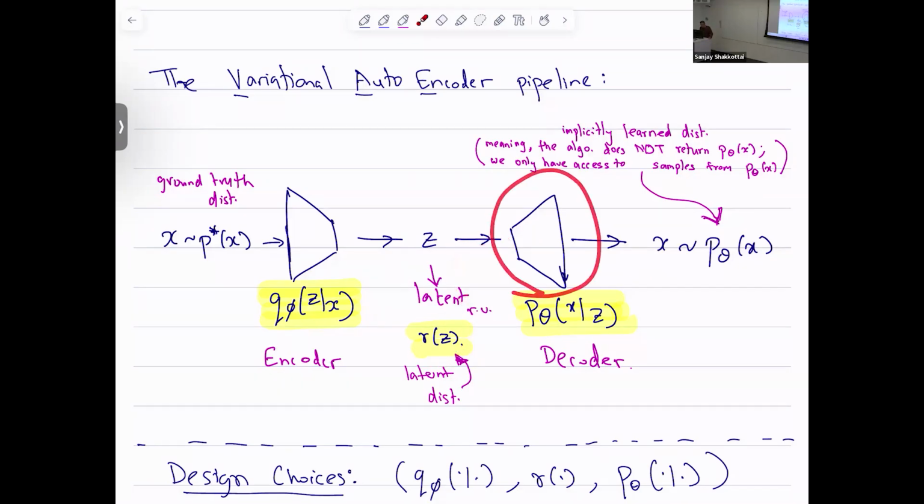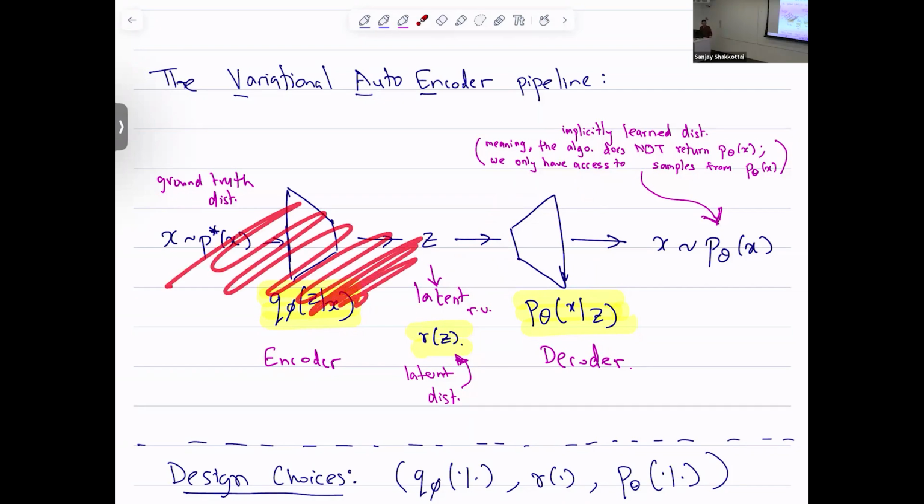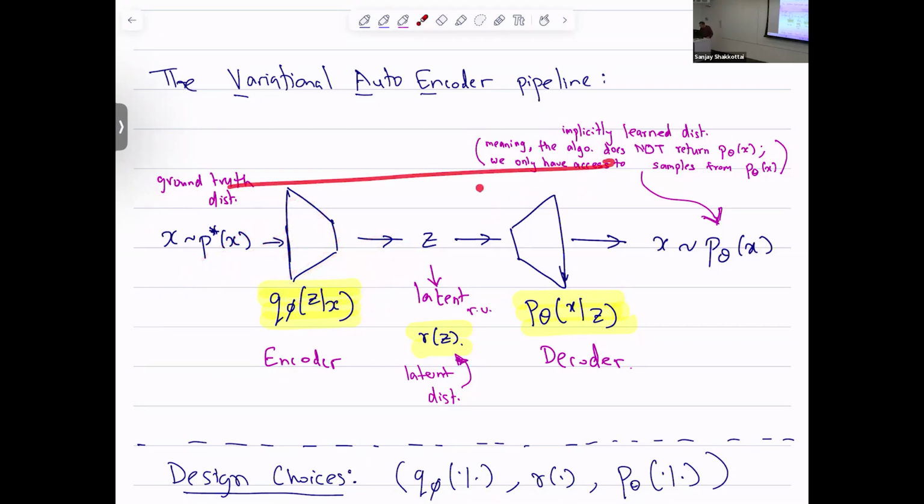This box may be deterministic or stochastic. We'll talk about that in a second. But nevertheless, this side is not of interest from the sampling perspective. This side is of interest only to build this whole pipeline so that you can get a good this and this. That's a sampling story.